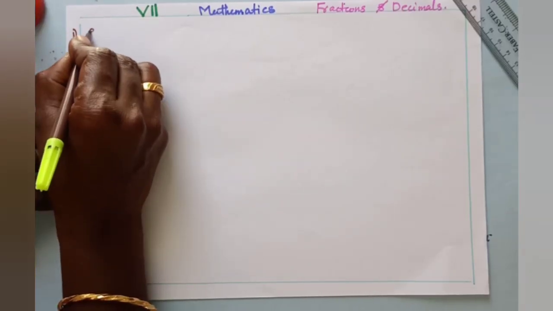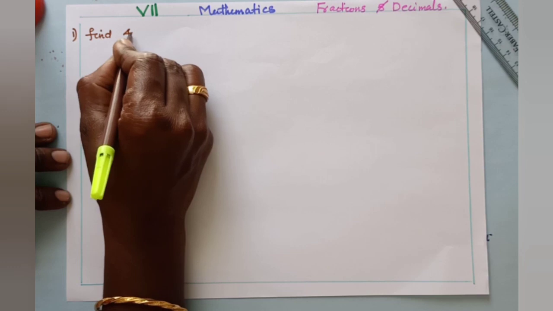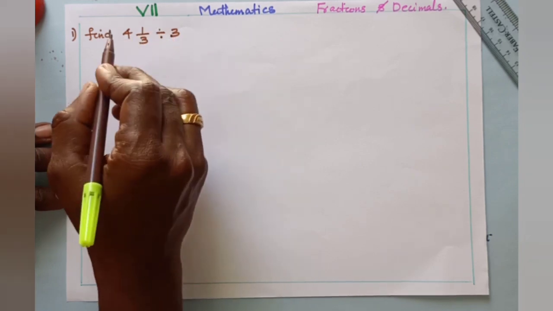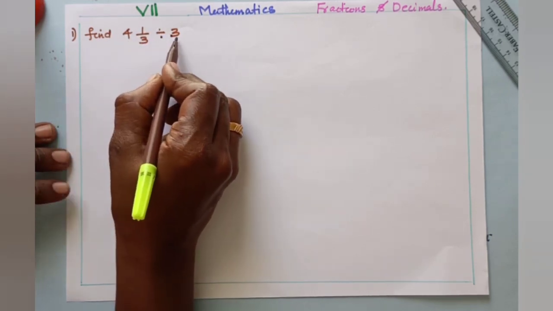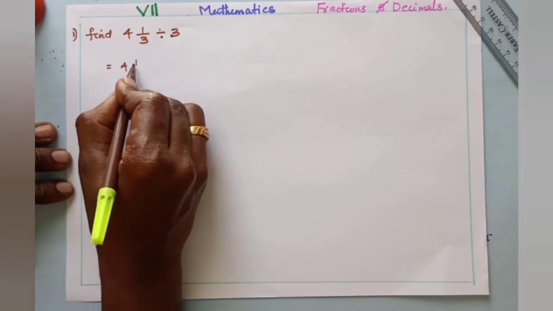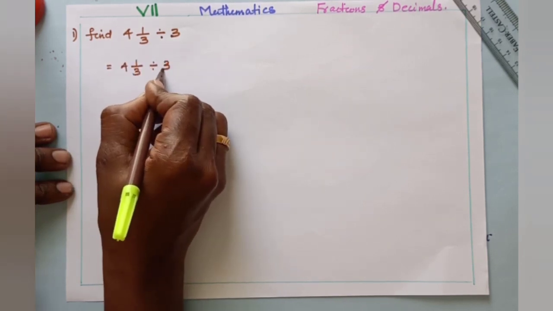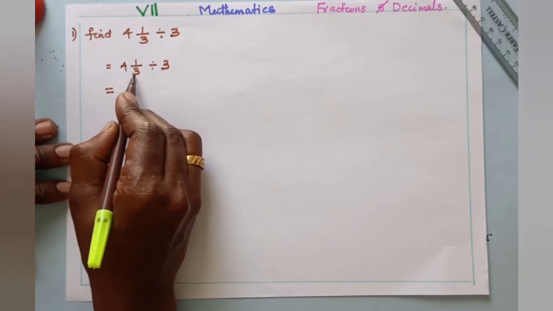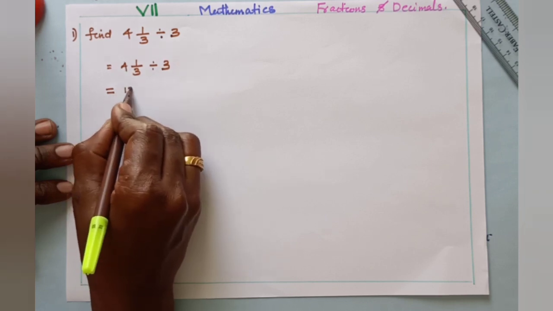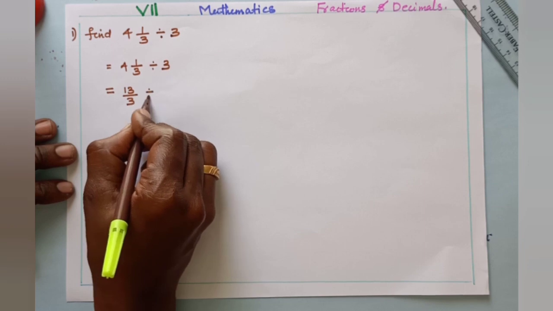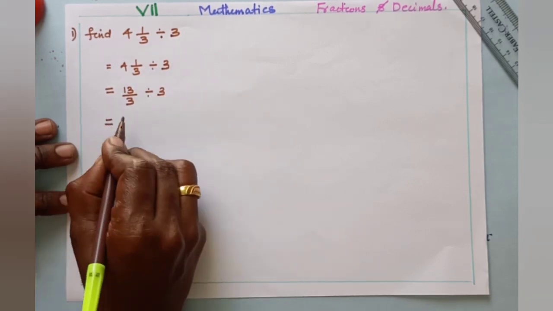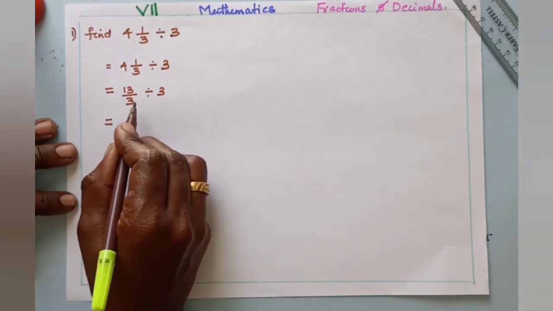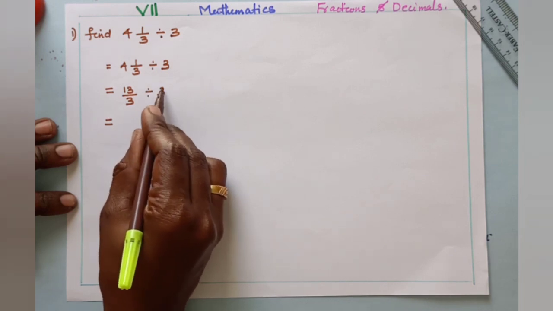Okay, next question. Find 4 and 1/3 divided by 3. Here, one mixed fraction divided by a whole number. First change this mixed fraction into an improper fraction. 4 into 3 is 12, plus 1, 13/3 divided by 3. Fraction divided by a whole number: multiply the fraction by the multiplicative inverse of the whole number.